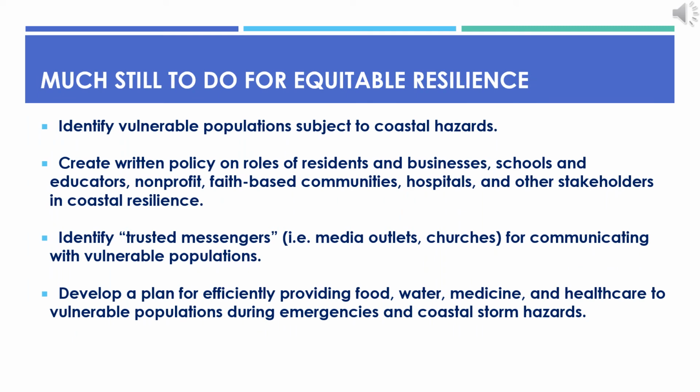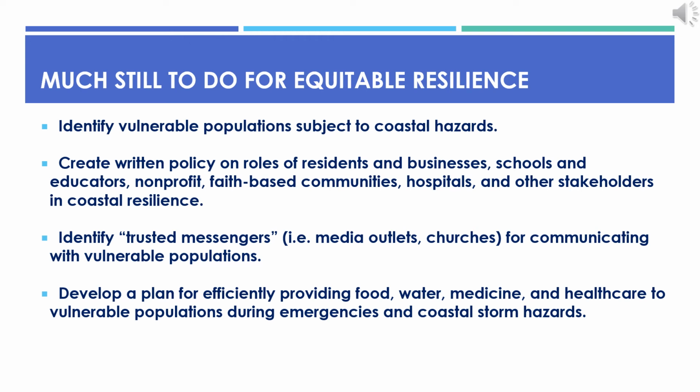For example, in working with RAFT communities in the Northern Neck, we have recognized the need to identify vulnerable populations subject to coastal hazards. Other needs that have been identified by RAFT communities include having written policy on roles of different individuals and groups in coastal resilience, such as residents, businesses, schools and educators, nonprofits, faith-based communities, and other stakeholders.